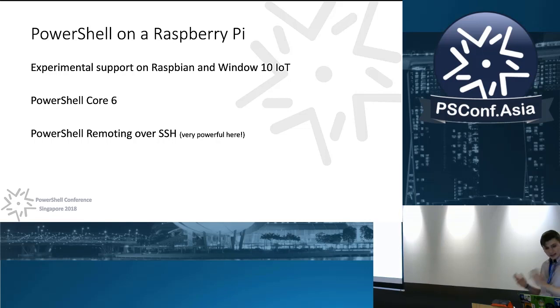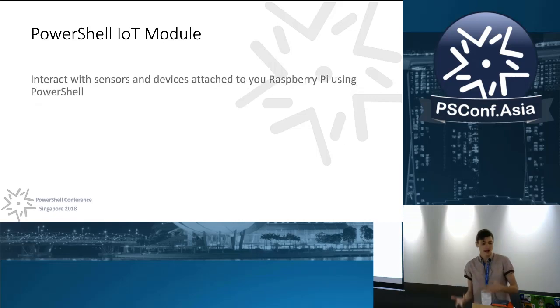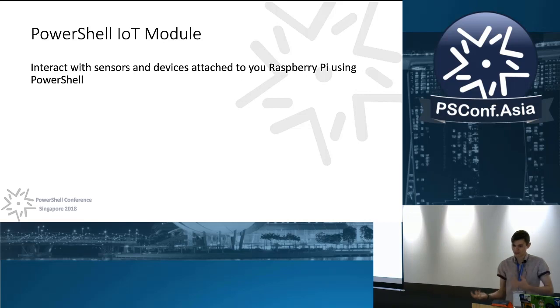So before I jump into the demo, I want to also talk about the PowerShell IoT module. That is interacting with sensors and devices in a very PowerShell-friendly way. So actually just typing commandlets and getting access to those hardware pins that we see on the Raspberry Pi. It supports these common protocols that I touched on before.